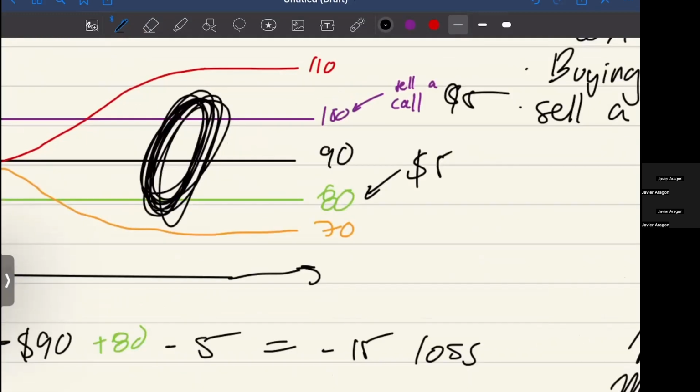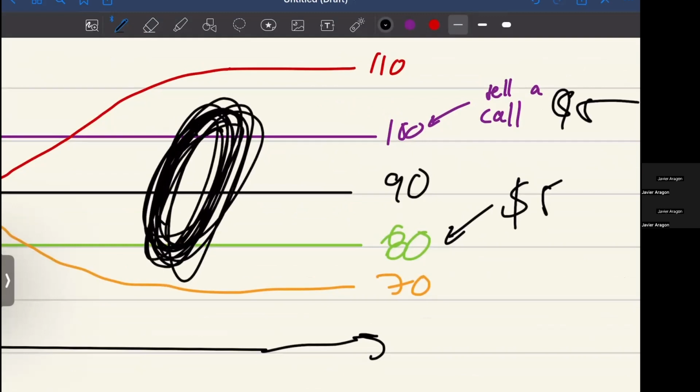So you're essentially just keeping yourself within that collar.